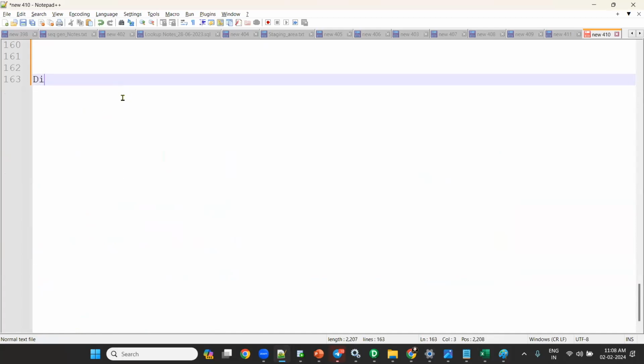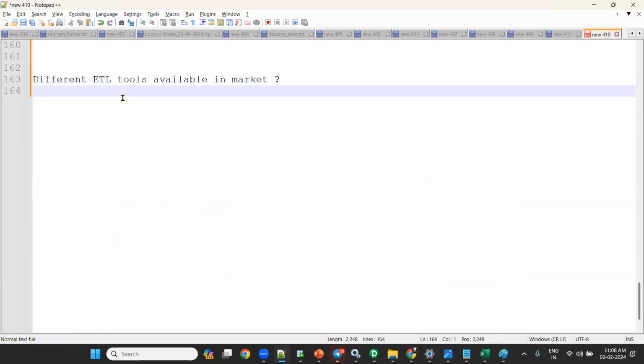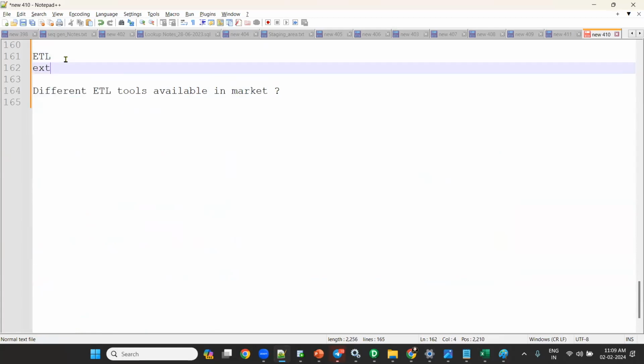Do you understand why we need ETL tools? What does ETL mean? Extract, Transform, Load.